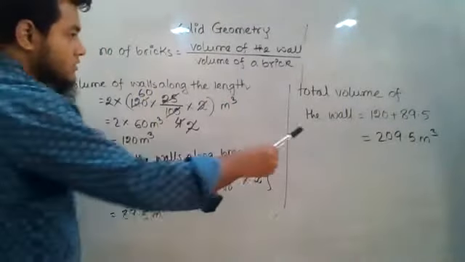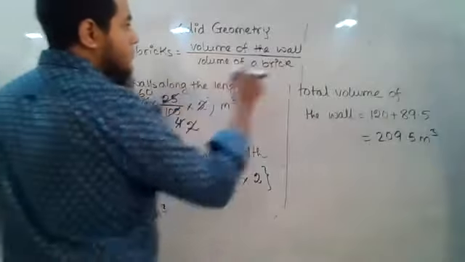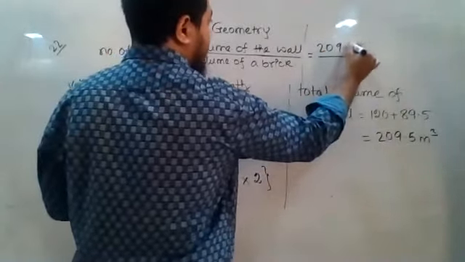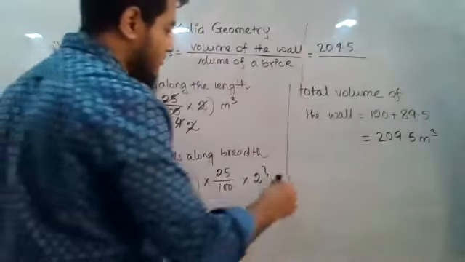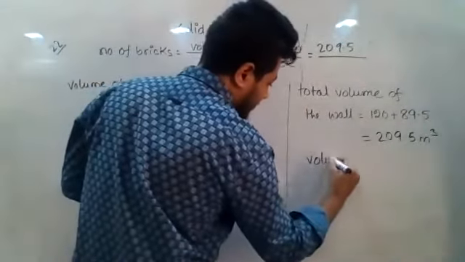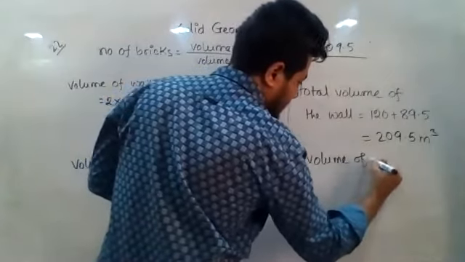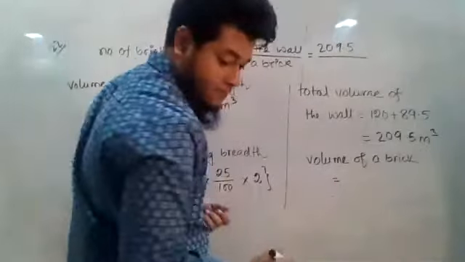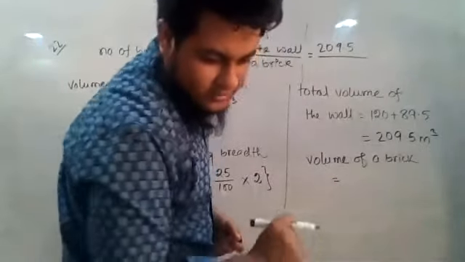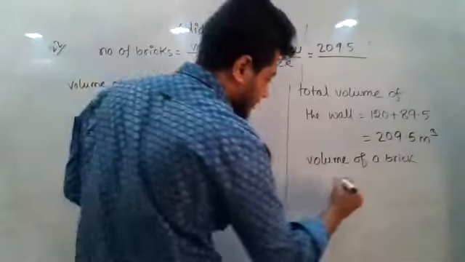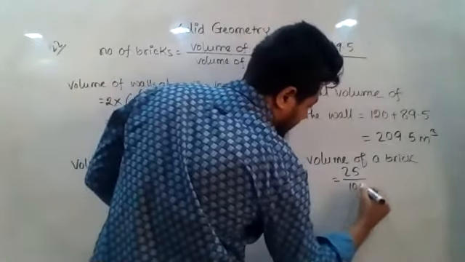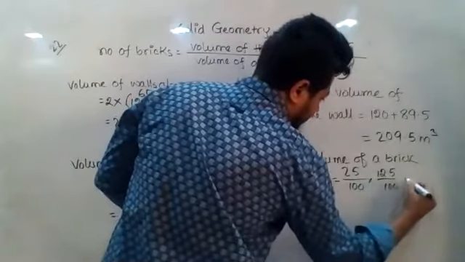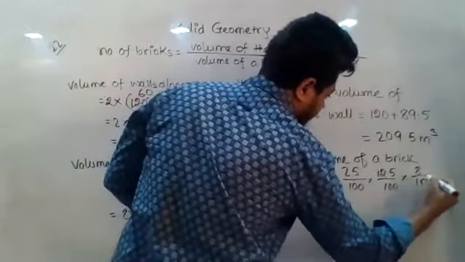Okay, so this is the volume of the wall. Okay, fine. We will put it here. 209.5 divided by volume of the brick. Let us calculate the volume of the brick and find out the final answer. Volume of a brick. Okay, the volume of a brick will be 25 centimeter, 25, 12.5 and 8. Acha. So 25 divided by 100 into 12.5 divided by 100 into 8 divided by 100.